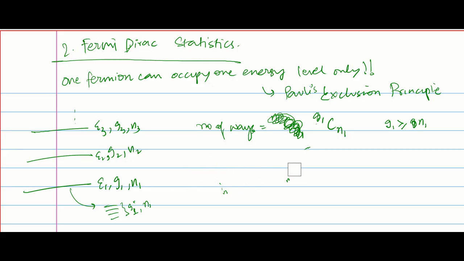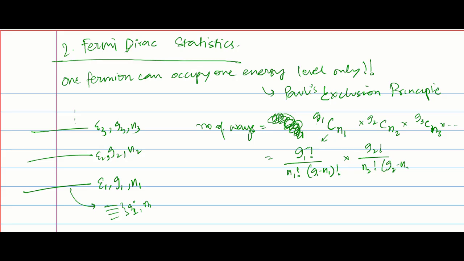Let me rub this. And for the second level also the same thing, G2 C N2, again G3 C N3, and this will go on. So G1 factorial over N1 factorial into G1 minus N1 factorial, G2 factorial over N2 factorial into G2 minus N2 factorial.